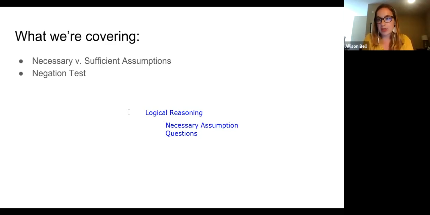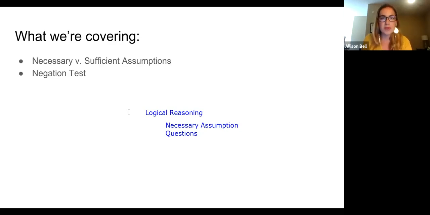So as we unpack this question type tonight, we're going to talk about the difference between necessary assumptions and their counterpart, sufficient assumptions. And we're going to talk about a particular tool that you can use to tackle necessary assumption questions, and that's called the negation test.